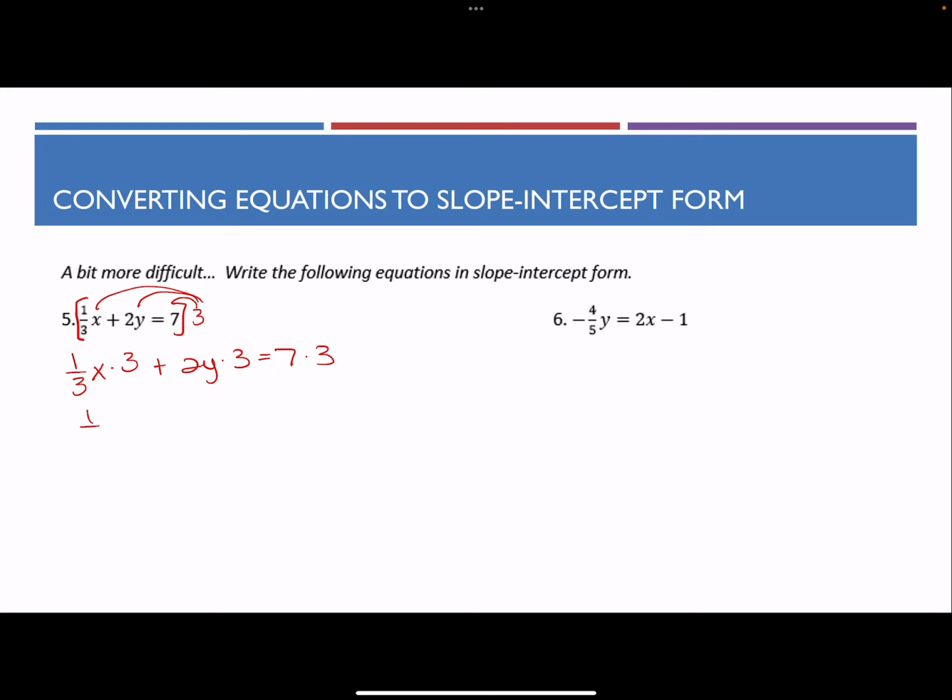So we have 1/3 times 3, 3 over 1. 1 times 3 is 3. 3 times 1 is 3x plus 2y times 3 is 6y equals 7 times 3, which is 21.